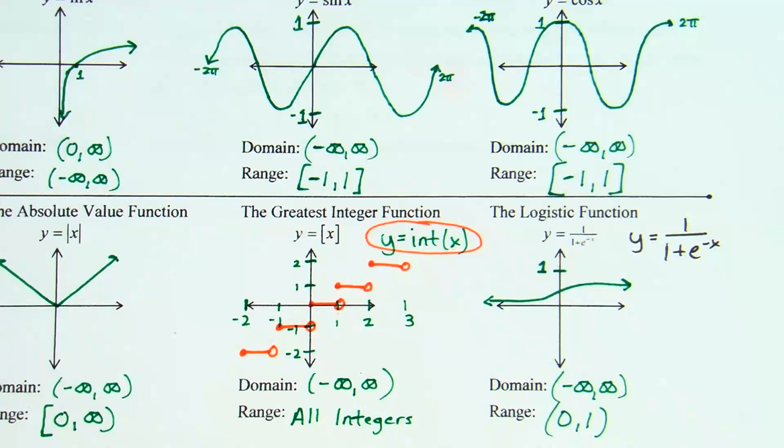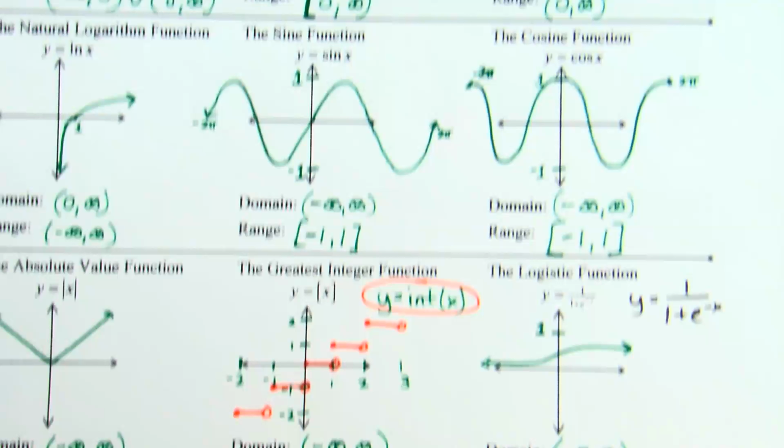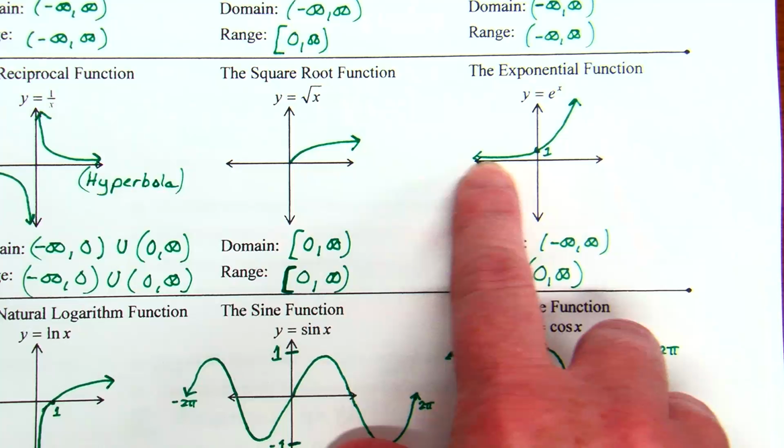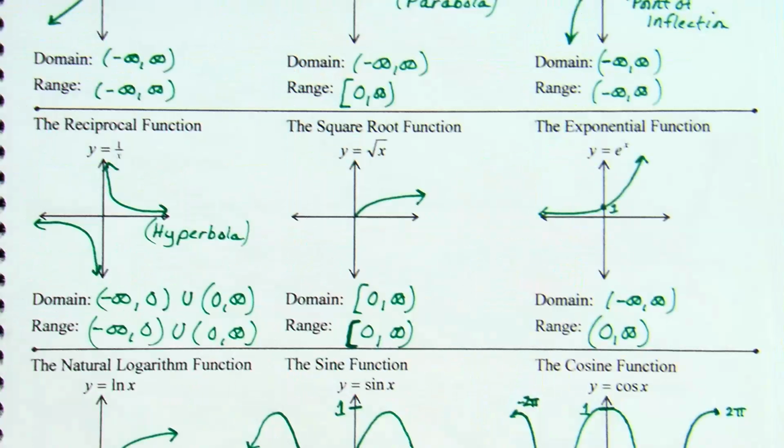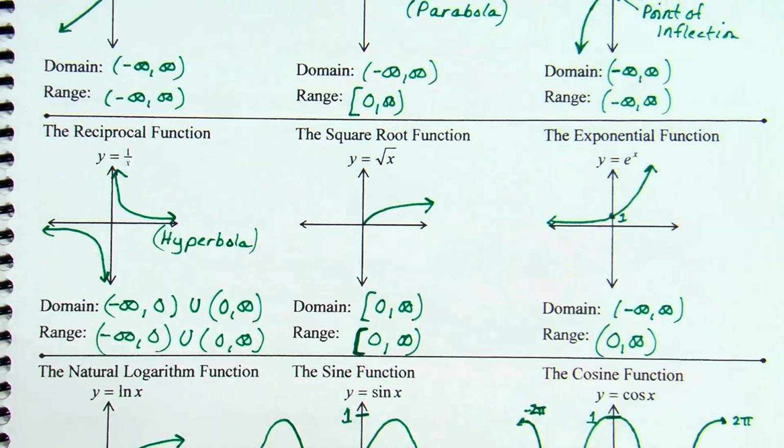Ethan? Exponential function is another one because, again, it's running alongside the x-axis, never crossing, never touching. Connor? Not the square root function.